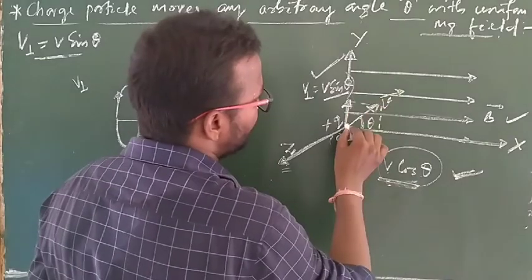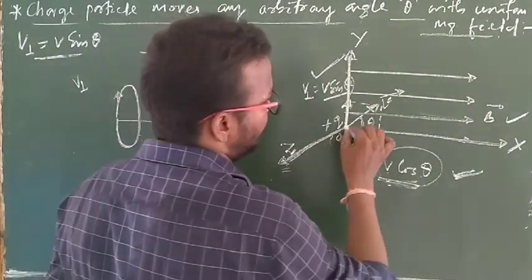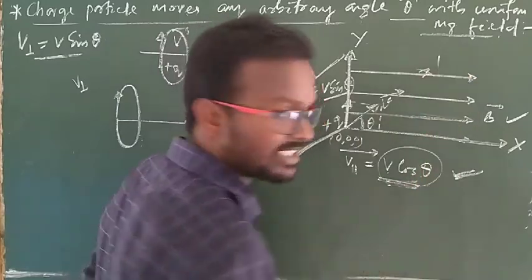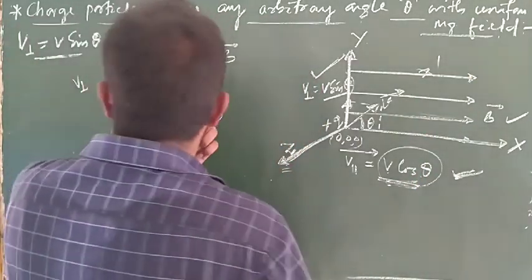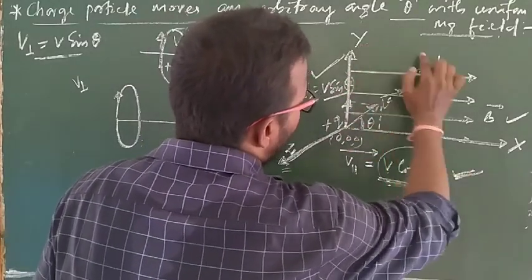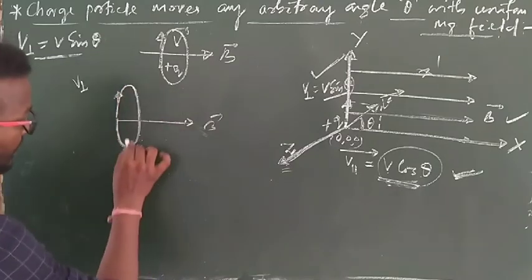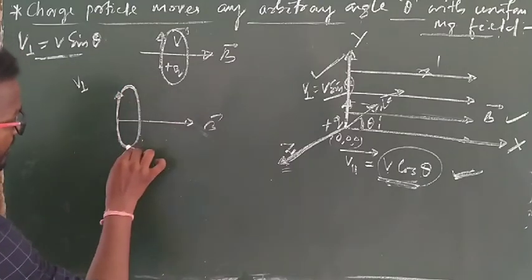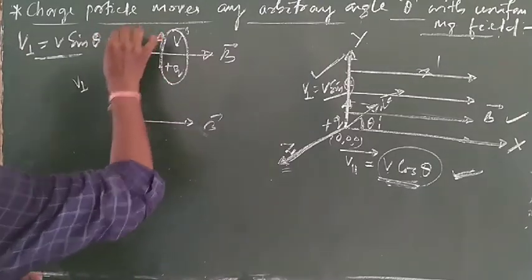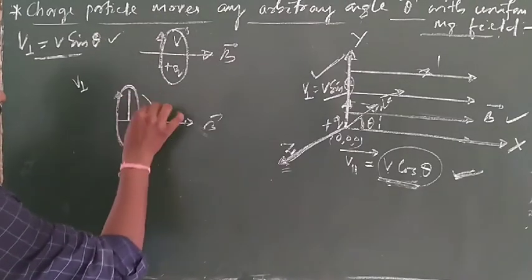Because this is the y axis and this is z, that means it is the z dash axis. So the circle lies on the y and z dash axes, and this is the circular path of the charged particle, and this is its radius.